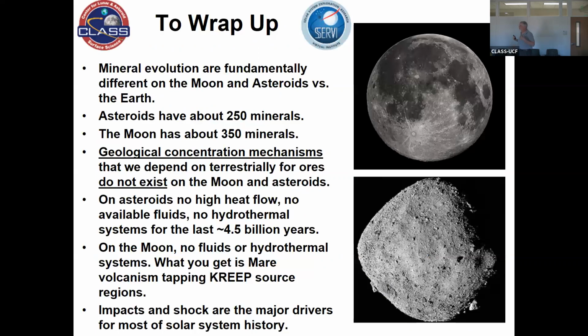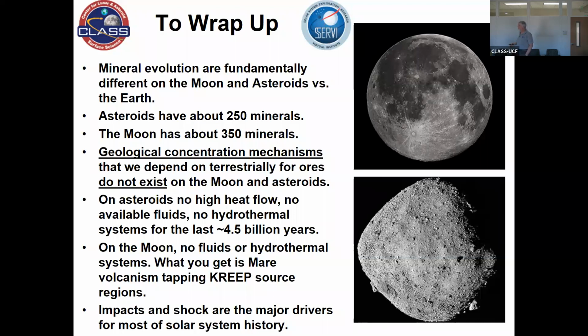So, to wrap up, mineral evolution is fundamentally different on the moon and asteroids versus the Earth. You get about 250 minerals on these evolved asteroids. The moon has some more, 350. The geological concentration mechanisms that we depend on terrestrially for ores don't exist on the moon and asteroids.